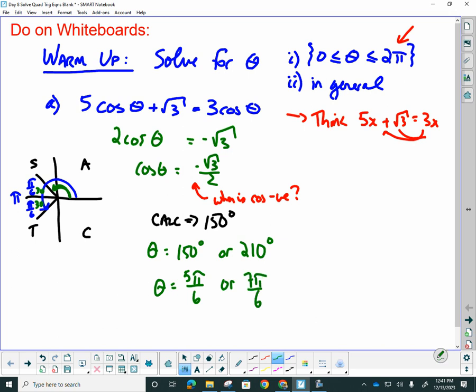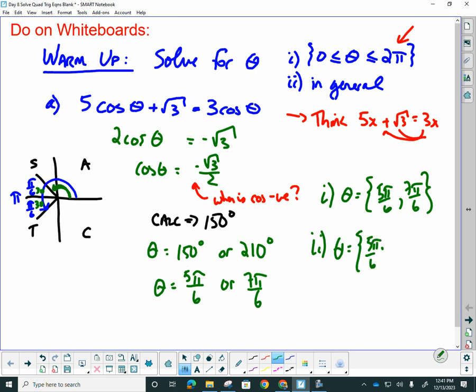And so our answer is the solution set theta equals 5 pi over 6 and 7 pi over 6. And in general, we've got 5 pi over 6 plus 2n pi, and 7 pi over 6 plus 2n pi.